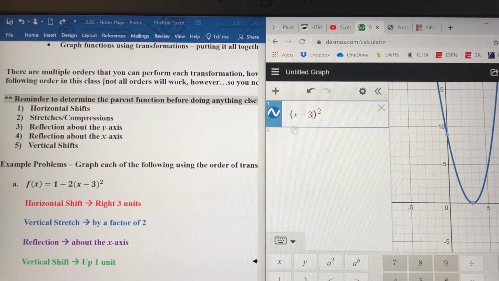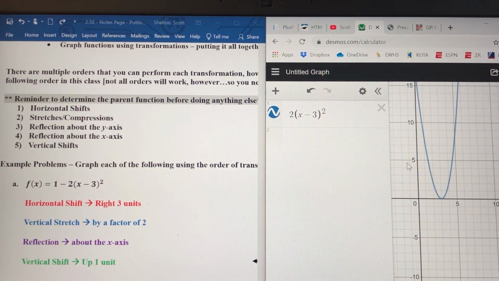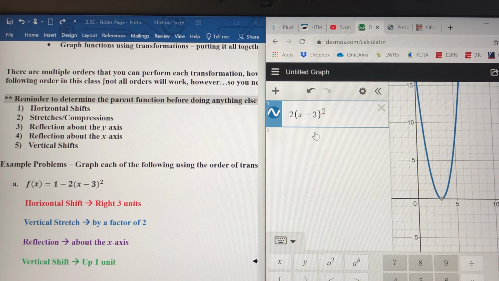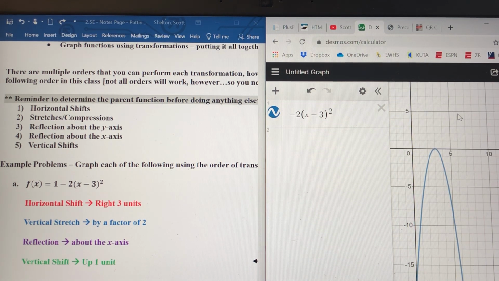Okay. The next thing was a vertical stretch by a factor of 2. So that's adding the coefficient here of 2. So you can see that graph was stretched upward. Okay. Next thing I want to do is the reflection. So I'm going to change that sign to a negative. Okay. So you're going to see that was reflected about the x-axis.